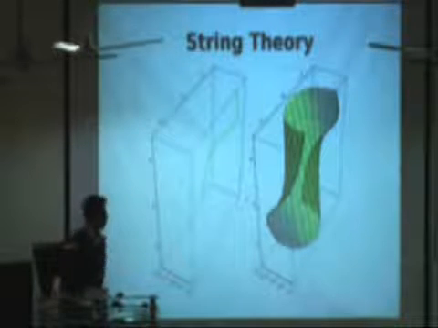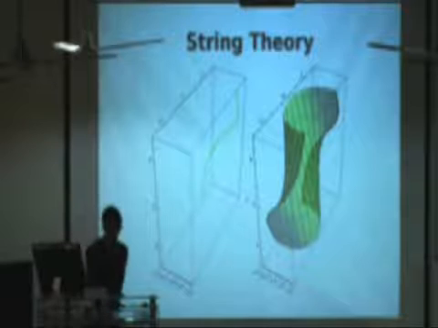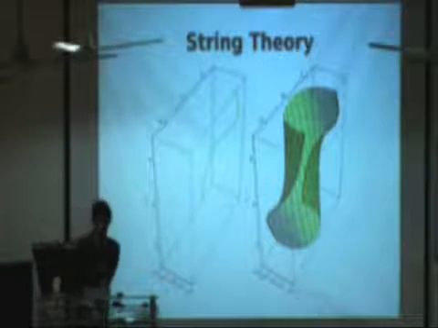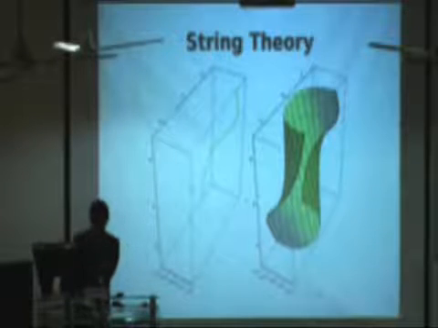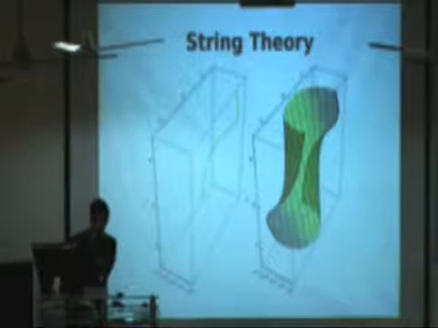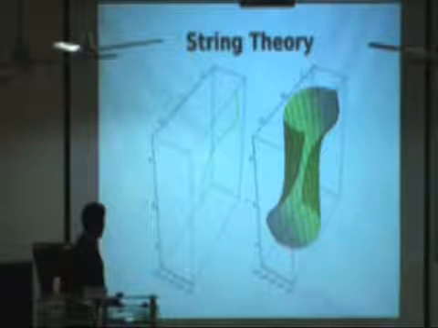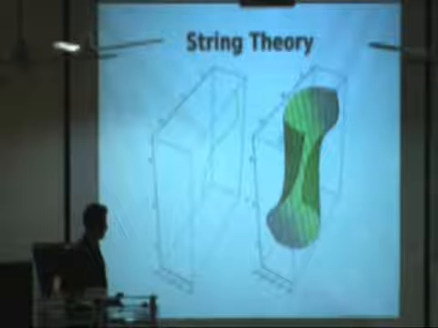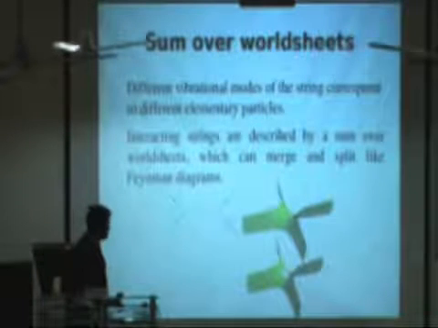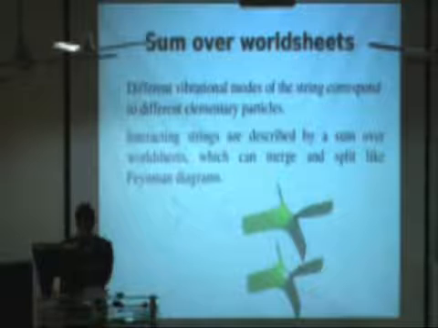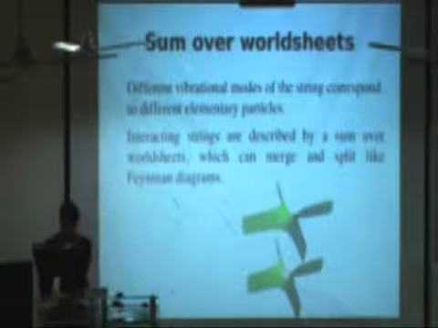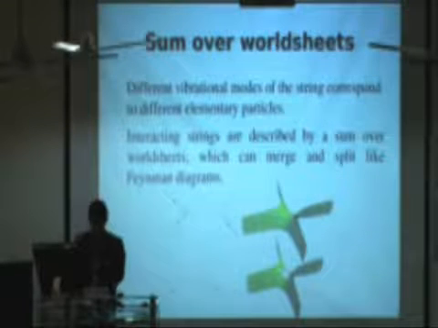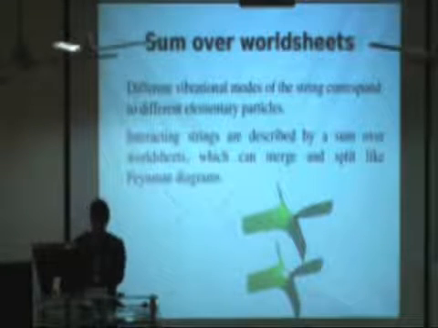String theory is based on the assumption that instead of particles, the elementary excitations of nature are string-like objects. A particle traces out a world line in space-time, and hence a string would trace out a world sheet in space-time. Quantum mechanics of strings is described by a sum over world sheets, where to calculate the probability that a string would be observed somewhere else, we sum over world sheets from the initial string.